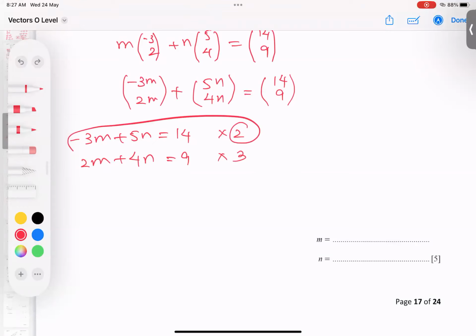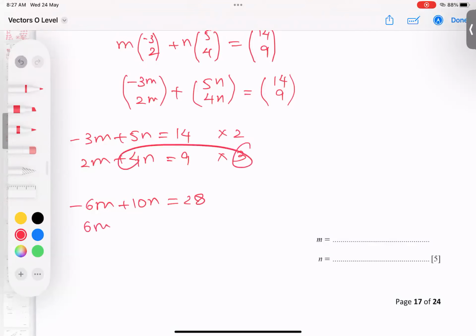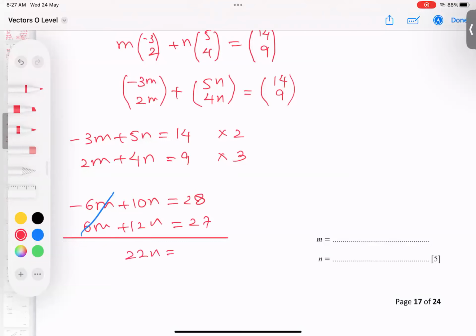So let's start. 2 into 3, I got negative 6M. 2 into 5, I got 10N. 2 into 14, I get 28. 3 times 2, I got 6M. 3 times 4, I get 12N. 3 9s are 27. So simply they will cancel. And here I get 22N equals to 55.